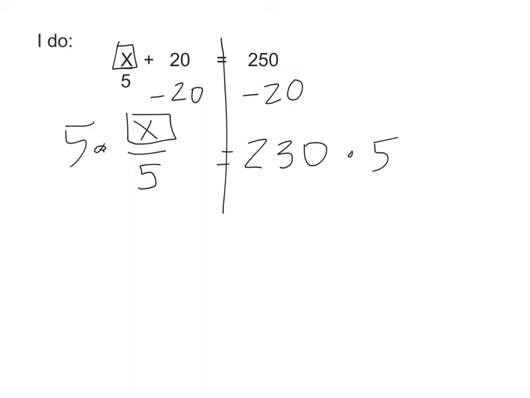So 5x divided by 5, this would be like 5 over 1 times x over 5, and that just equals 5x over 5, which is x, and that's equal to 230 times 5, which would be 1,150.